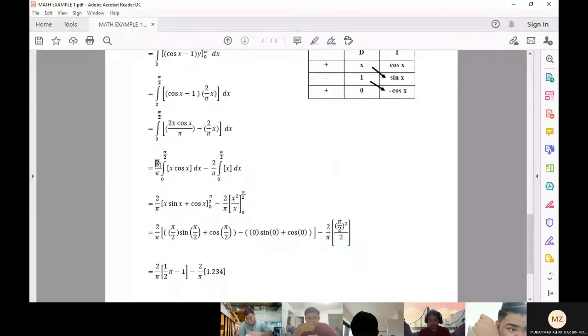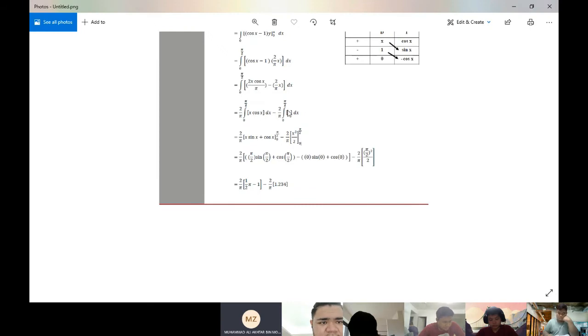When we integrate dx, it is easier to split the equation into two parts, the cos x and the x. After the integration, we substitute the boundaries into the equation for both parts.